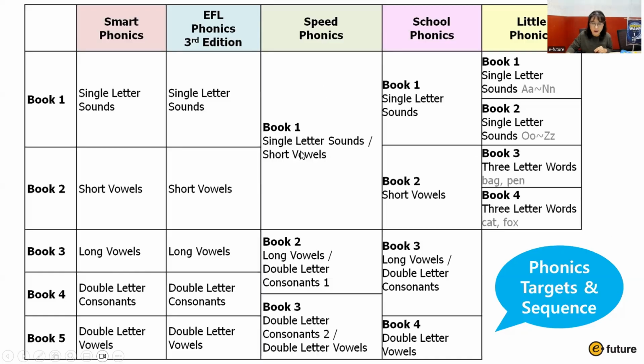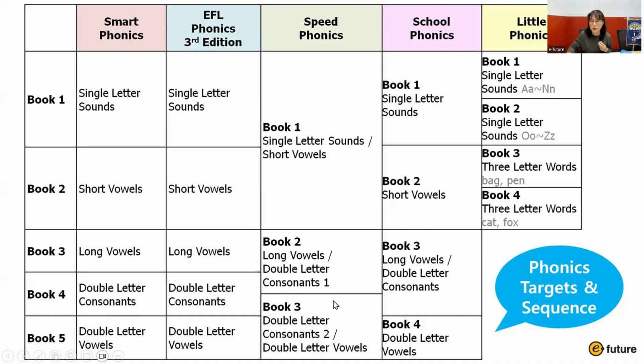Speed Phonics, there are 3 books. School Phonics, 4 books. We combined book 1 and 2 to make one book for Speed Phonics. And we split book 4 into 2 parts. Then we combine the first part with book 3 to make book 2, and we combine the second part of book 4 with book 5 to make book 3.